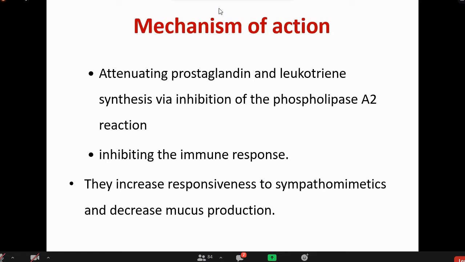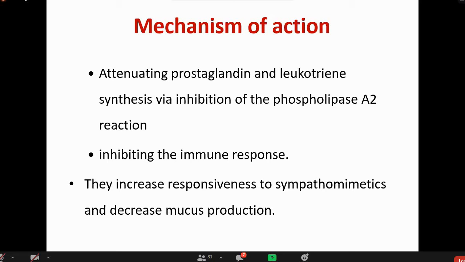Arachidonic acid is produced from phospholipid, under the influence of the enzyme phospholipase A2, which acts on phospholipid and produces 20-carbon unsaturated fatty acids like arachidonic acid.